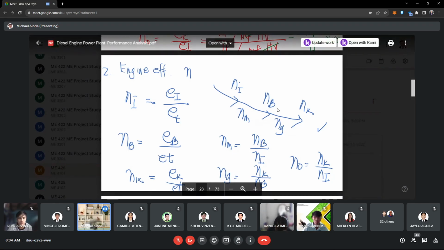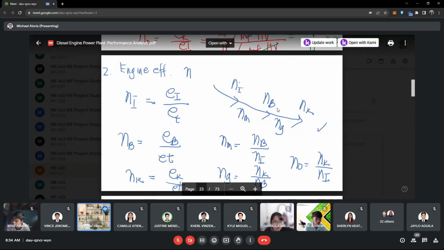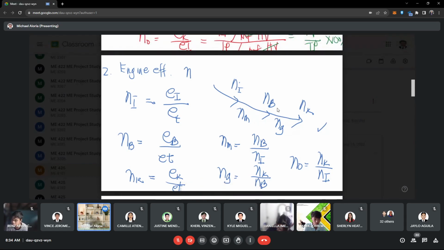Okay. Now, ano yung relationship natin? How can we define our indicated engine efficiency? Paano? So, if we know our indicated thermal efficiency, and we define the overall thermal efficiency or the plant thermal efficiency, no? And that would serve as your indicated engine efficiency.